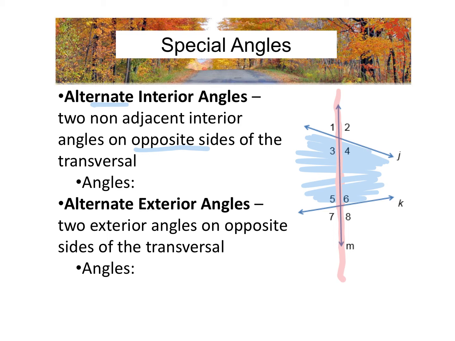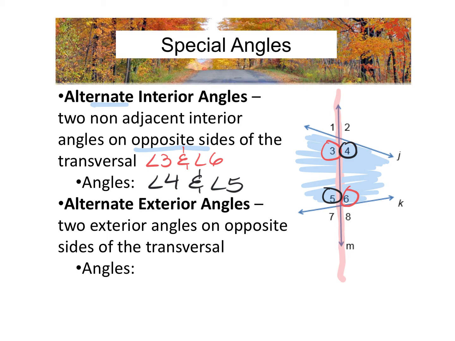So my alternate interior could be angle 3 and angle 6. They're both interior, they're on opposite sides of the transversal, and they're not adjacent. So the first pair is angle 3 and angle 6. The other pair here could be angle 4 with angle 5. These are alternate interior angles.